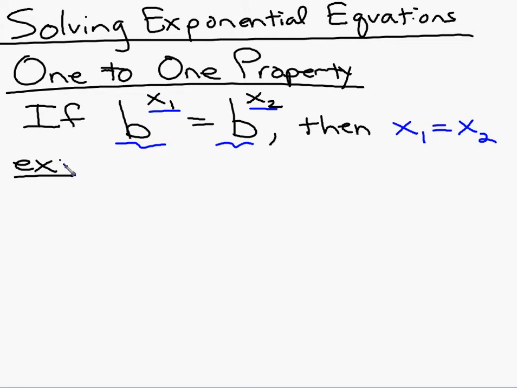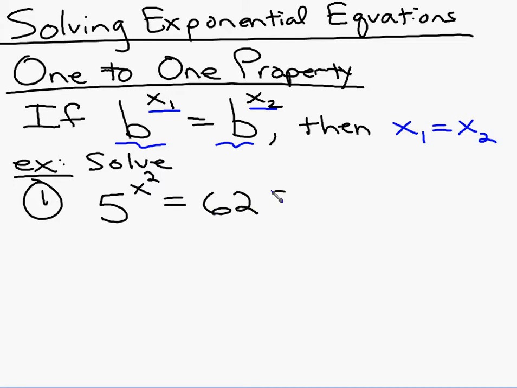Get right to some examples. You're going to be asked to solve, let's say, 5 to the x squared equals 625. We want to solve that exponential equation. It's actually not that hard if you have your root sheet handy, because we want to write this side as 5 to a power.